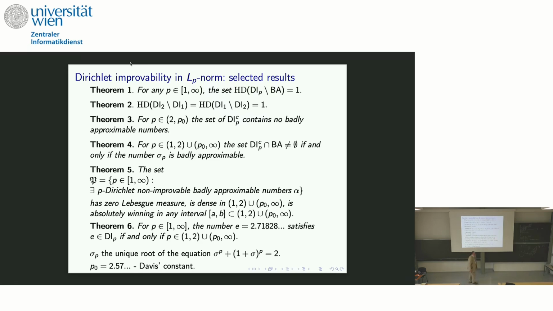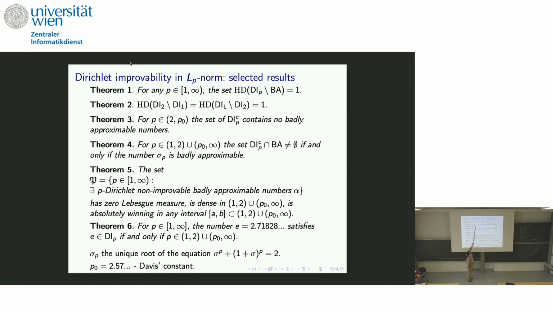So Kleinbock asked about Dirichlet improvability in different norms. The most interesting norms you will see are L1 and L2. And we have a set improvable in 1, but not in 2.